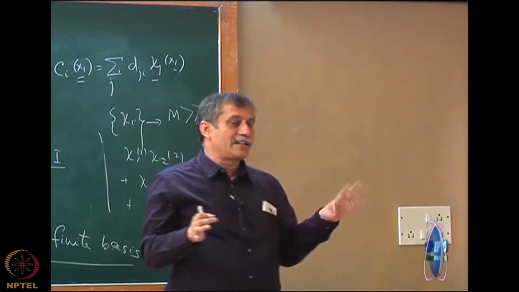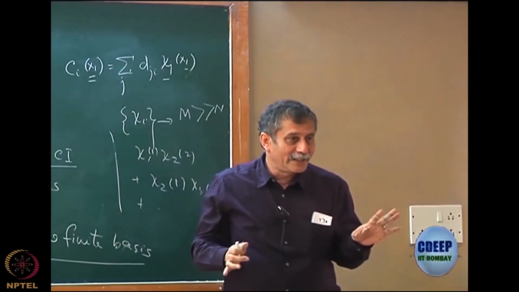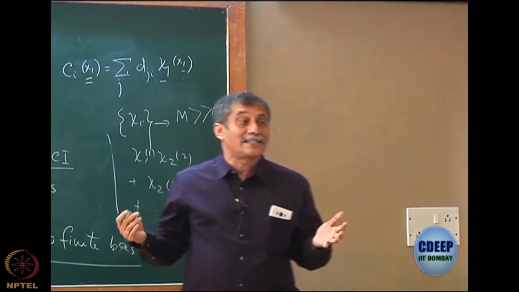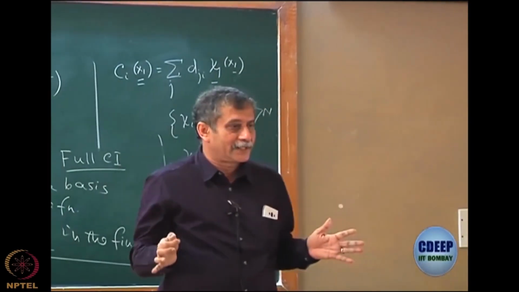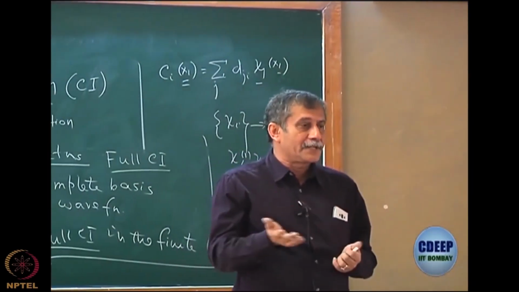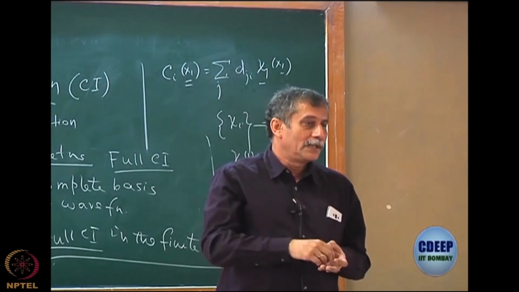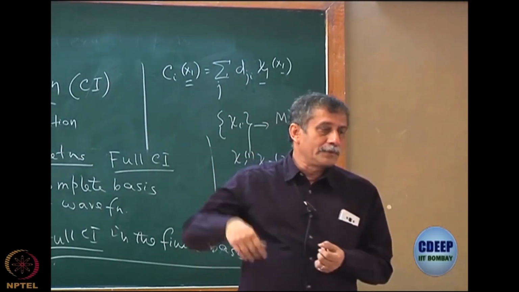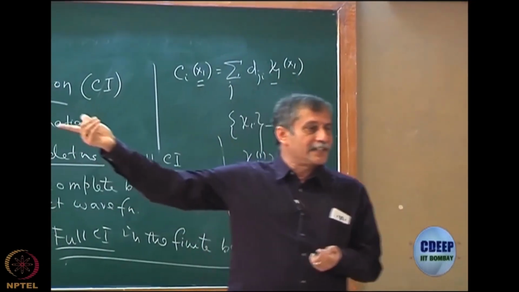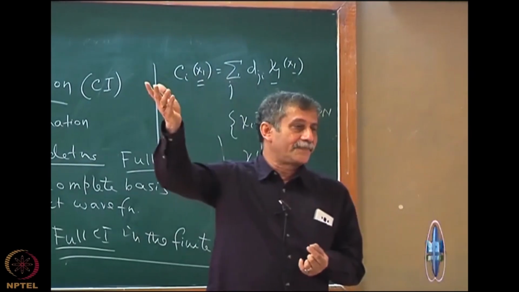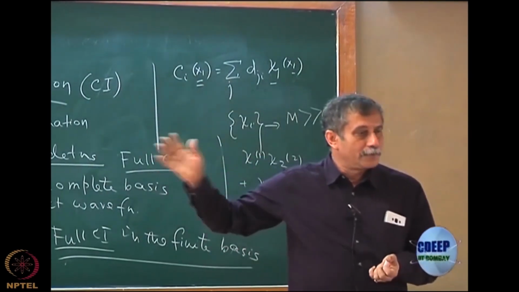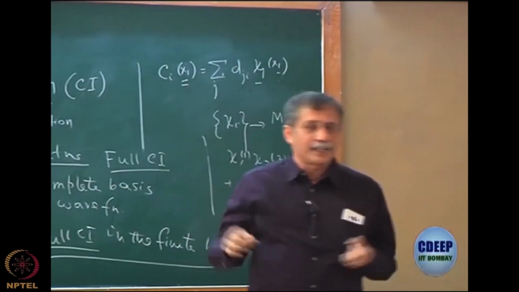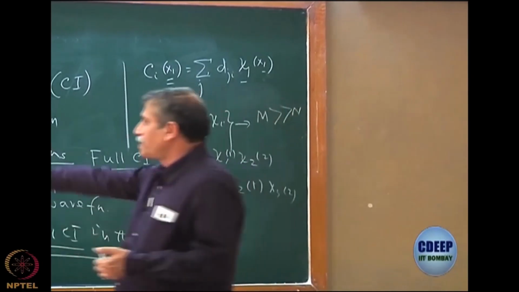So, you say that it is a complete basis set limit, but there is nothing called a complete basis set. Limit is different from complete basis set. The CBS limit is of course there, that people have found out by calculations. We will see later how to do the calculation, and the energy does not change. That will be true for Hartree-Fock also, full CI, everything, any CI calculation, but right now we do not want to discuss CI.